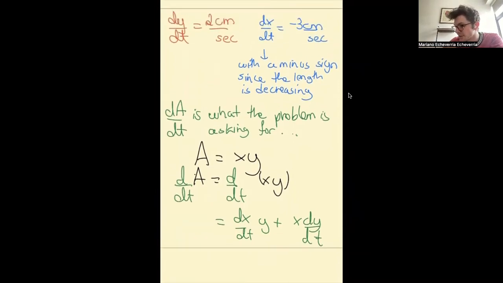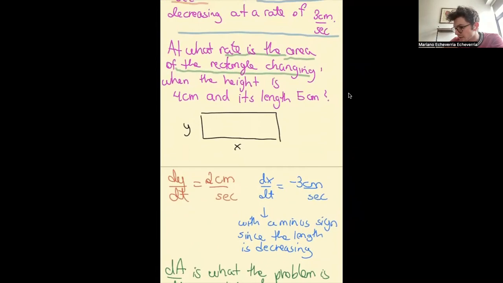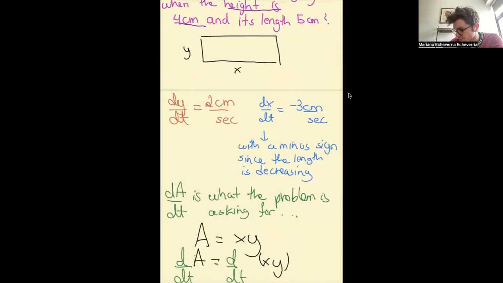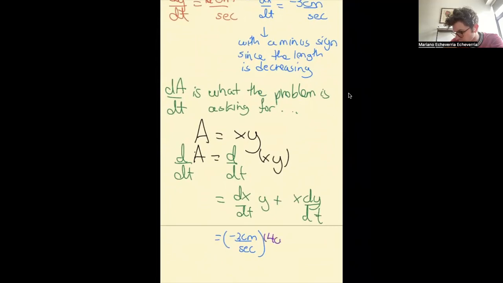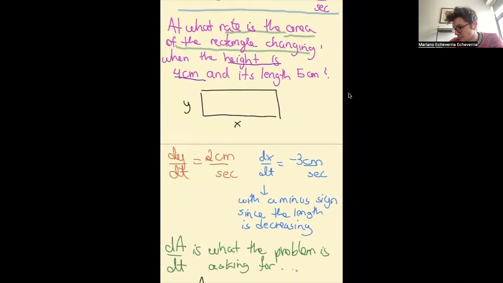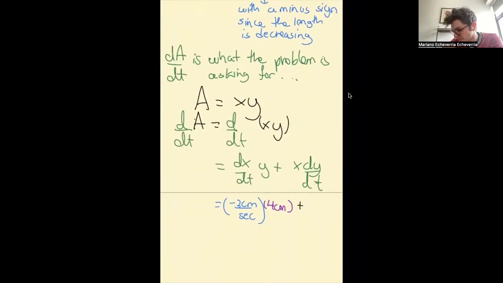So what is dx/dt? We had said that dx/dt was minus 3 centimeters per second, right? What is y? Well, they say the height is 4 centimeters. We want this value when the height is 4. And then what is x? x was the length, equals 5 centimeters.